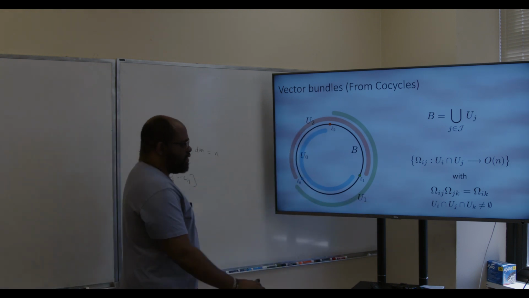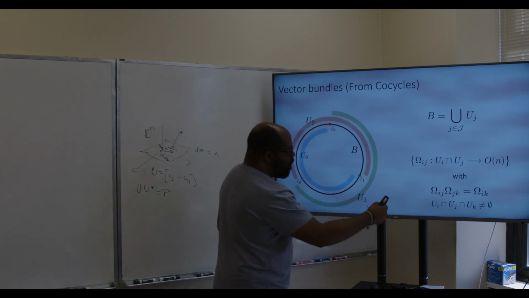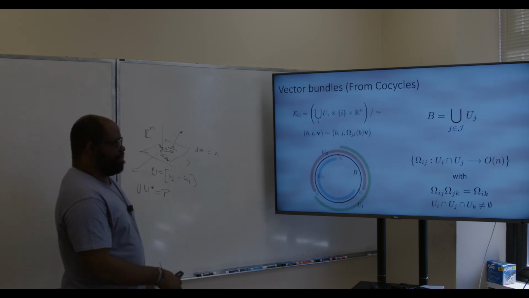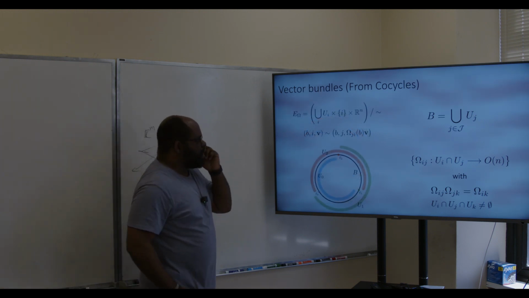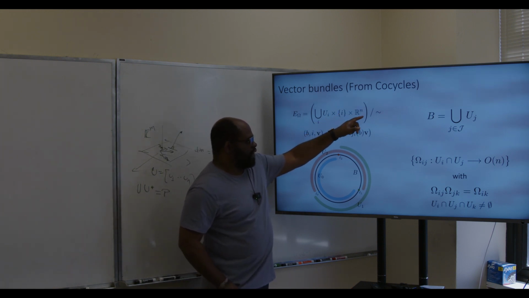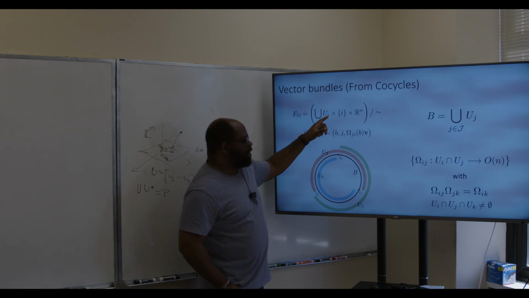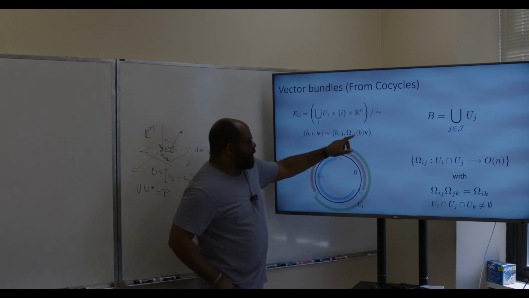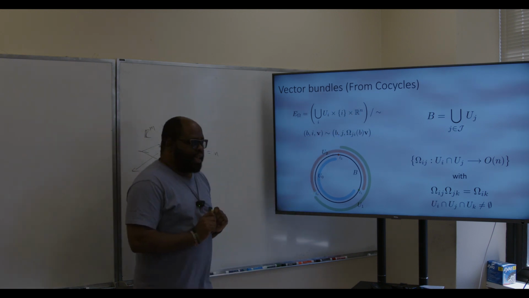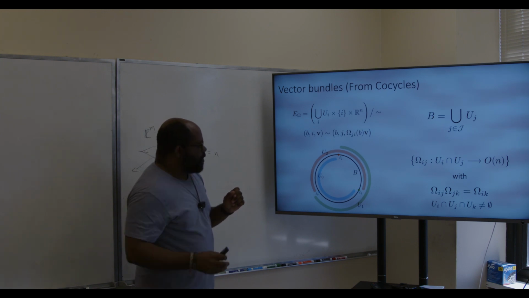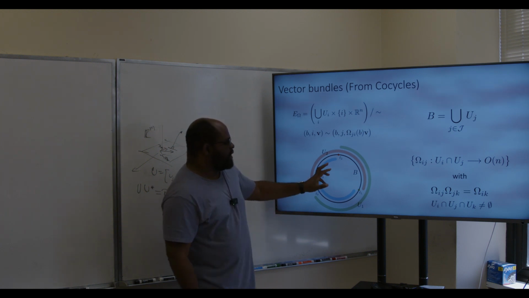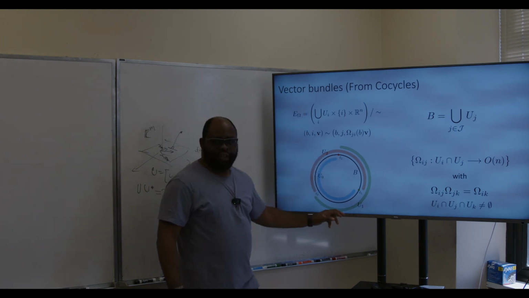If you have this type of data, you can construct a vector bundle over B using the following recipe. Essentially what you do is you take a copy of the Euclidean space Rn over every Ui, and then you use the omegas to glue together the Rn's. Okay? And the idea is that if these omegas are non-trivial, and I'll say what that means in a moment, then the vector bundles that you're getting here are non-trivial.